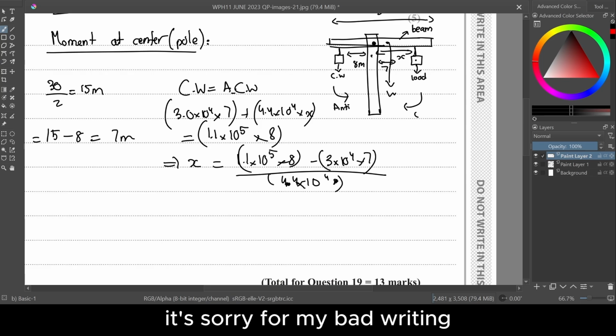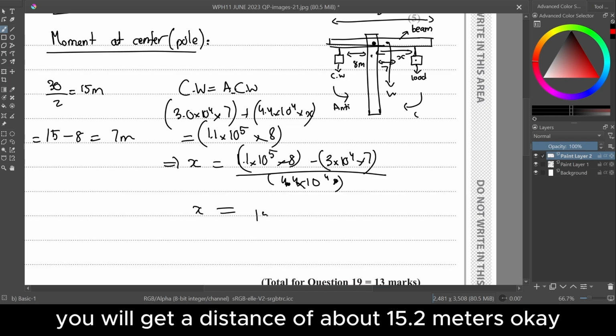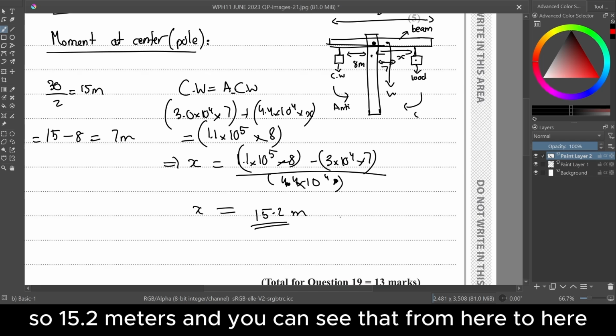Sorry for my bad writing, it's 4.4 times 10 raised to power 4. If you solve this, you will get a distance of about 15.2 meters, the rounded off value.